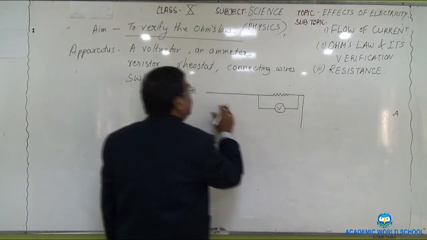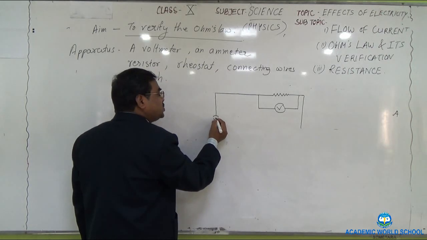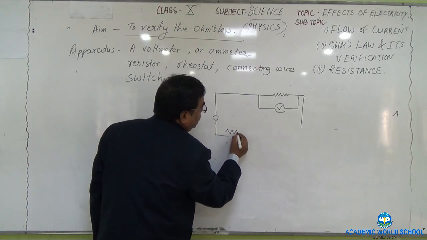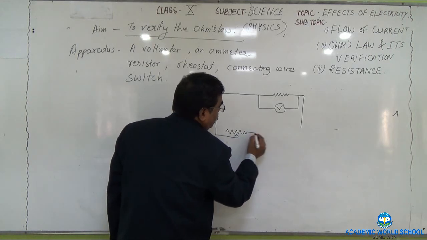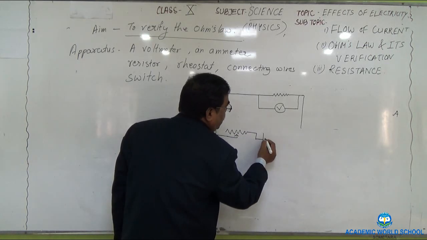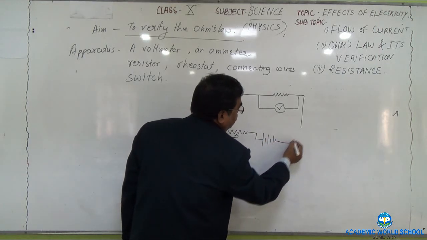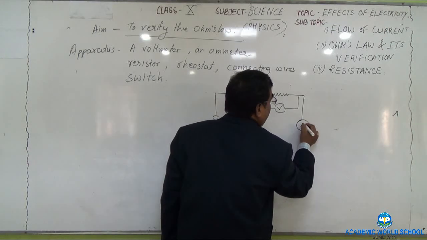Then with this we will connect one switch and a rheostat. The rheostat is connected to a battery, and here is one ammeter.